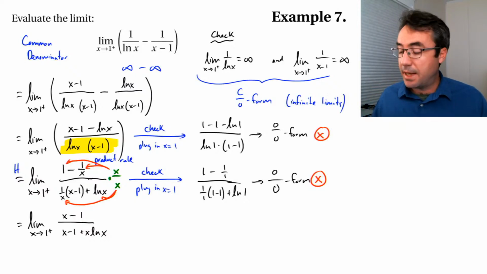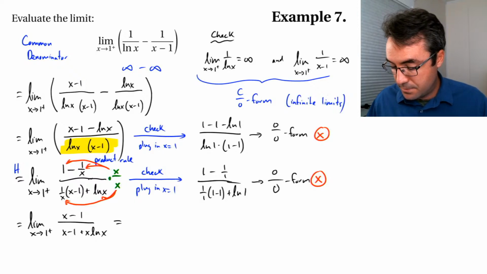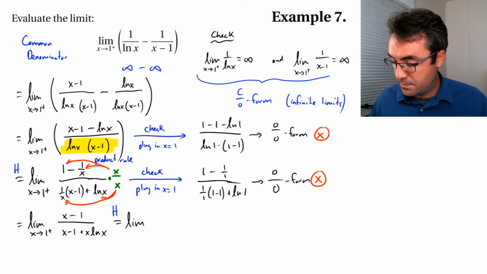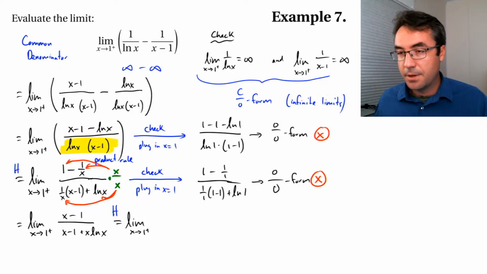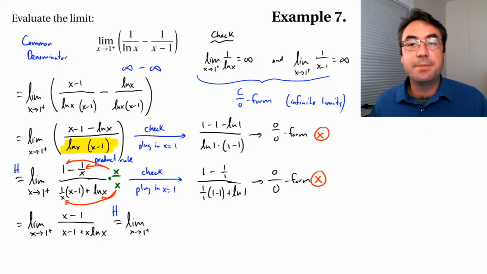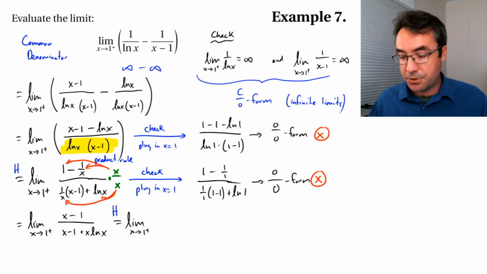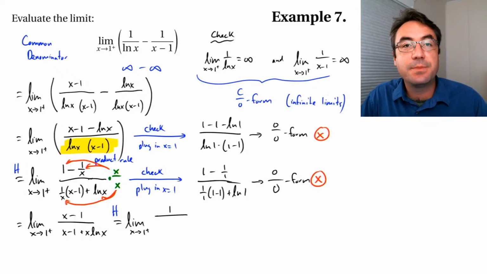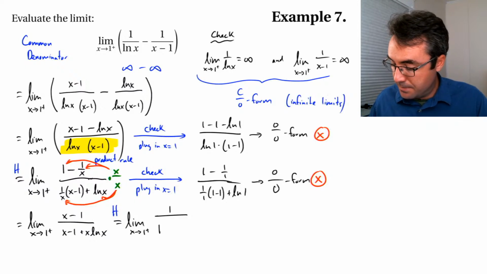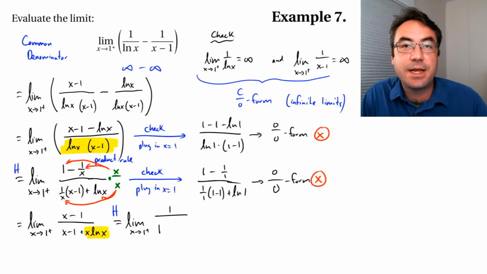Now let's actually apply L'Hopital's rule. So let's differentiate the function in the top. Derivative of x minus 1 is just 1. And then the derivative of x minus 1 in the bottom is also 1. And then there is another product here, there's this x times natural log x.